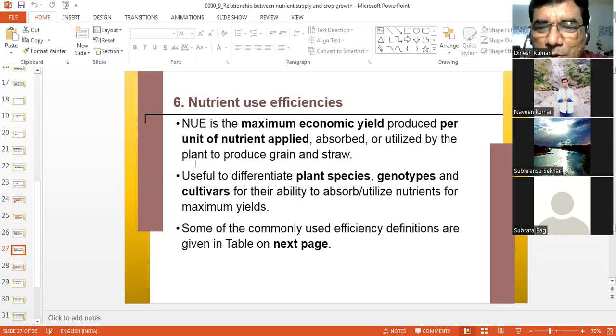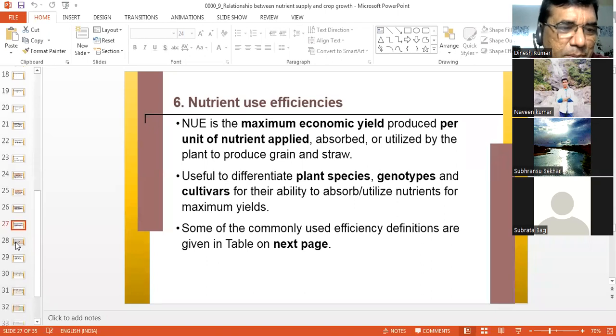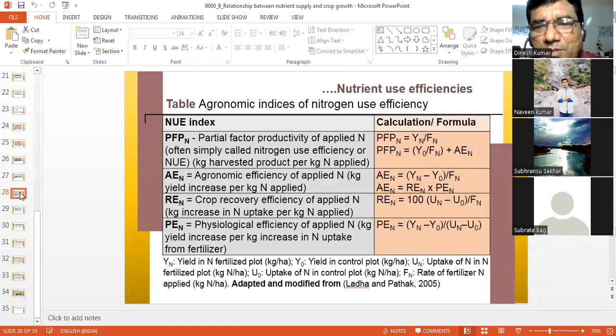But okay, we are agronomists, we deal at plant level or biomass level, not at gene level. So it is useful to differentiate plant species, genotypes, and cultivars. Some of the commonly used efficiency definitions are given on the next page. I must have discussed this at some other point of time also.